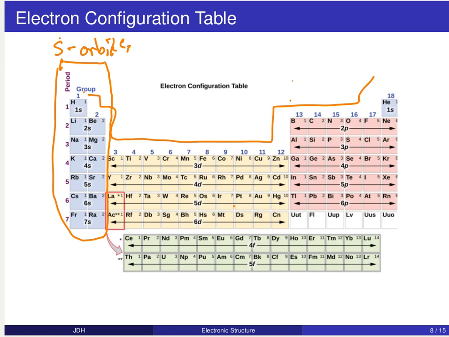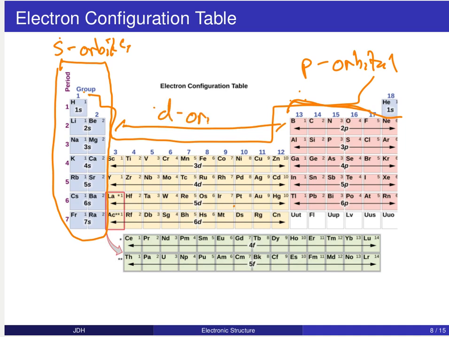Over here in this pink region, helium is of course over there with the 1s orbital, but all the pink region here, these atoms are all going to have their highest energy orbitals being p orbitals, and this whole chunk right here in the middle has what are called d orbitals.